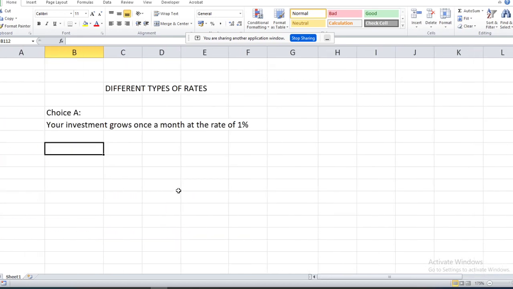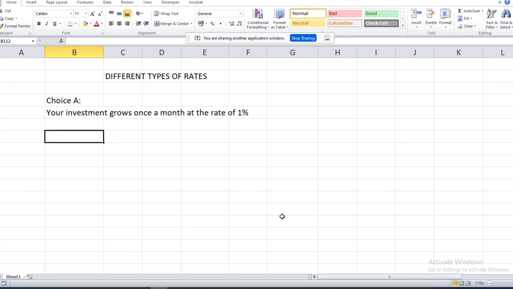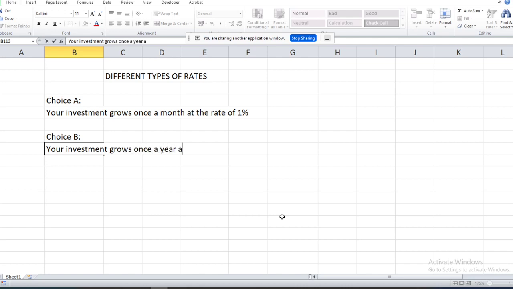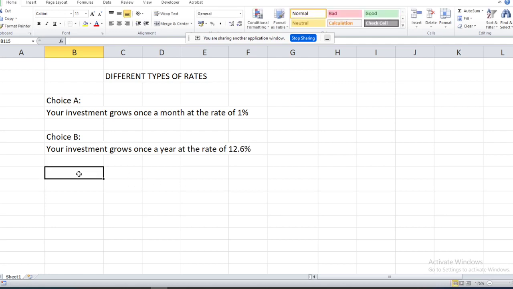And choice B, your investment grows once a year at the rate of, say, 12.6%. Okay?